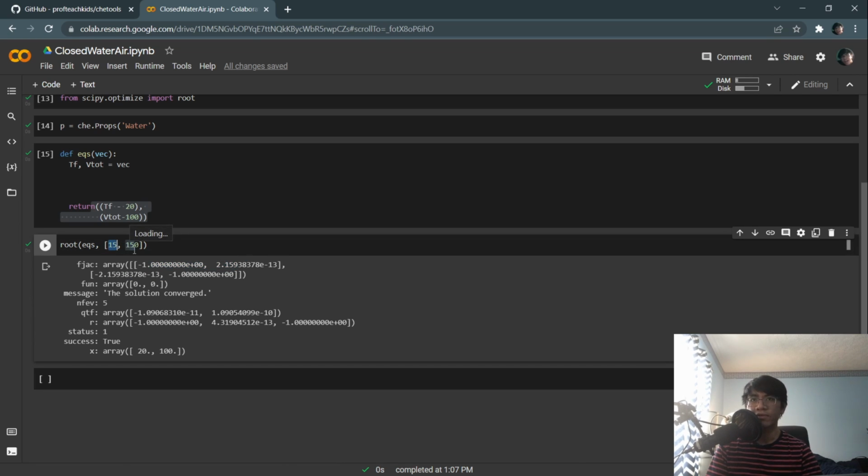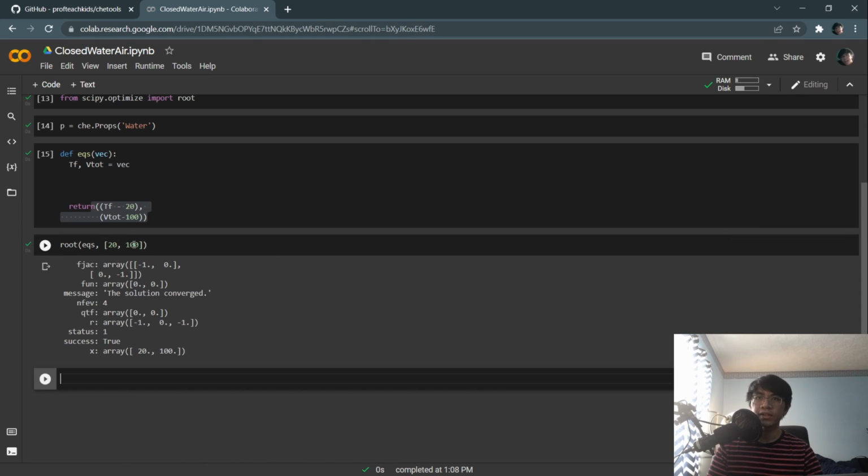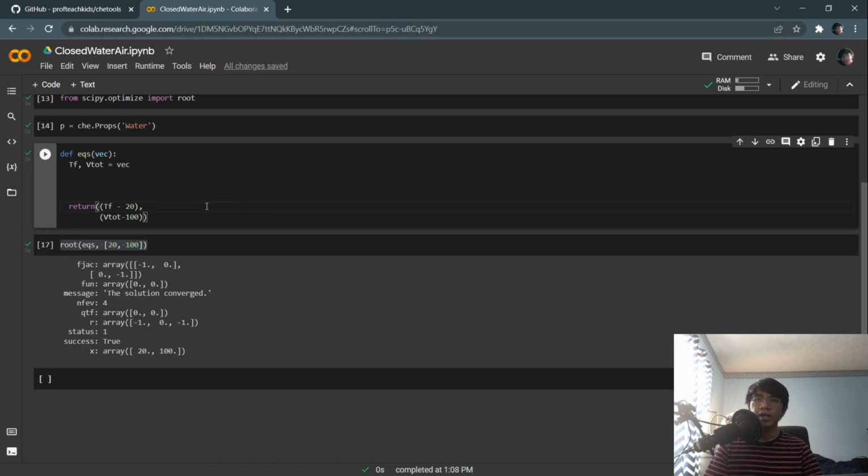If I get closer and have the correct answer, in theory they should go to 0. You want them pretty close to 0 because that's what a root does. The root solves for when values are equal to 0. And again, it returns the same values because this equation is pretty straightforward. So we're going to go ahead and do that.